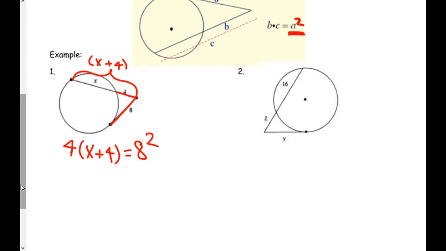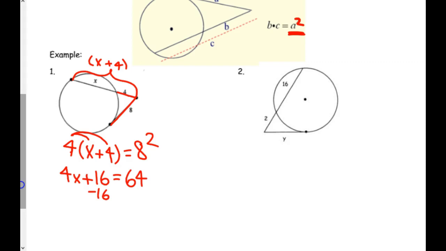Cool. So 4 times x is 4x. 4 times 4 is 16. And 8 squared, 8 times 8, is 64. Two-step problem. What do we do first to get rid of that positive 16?